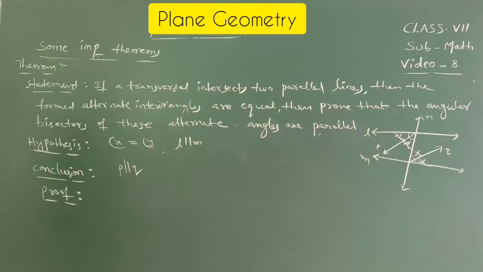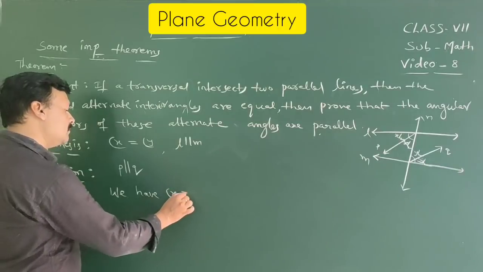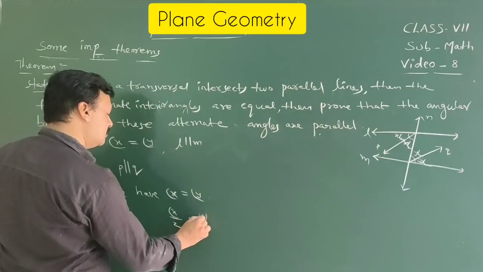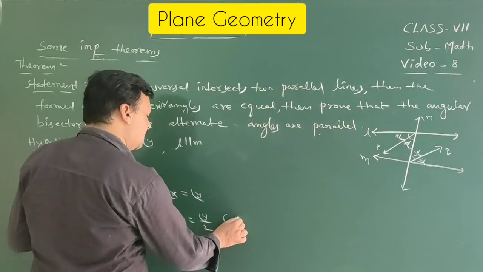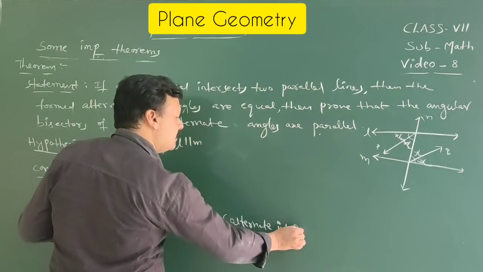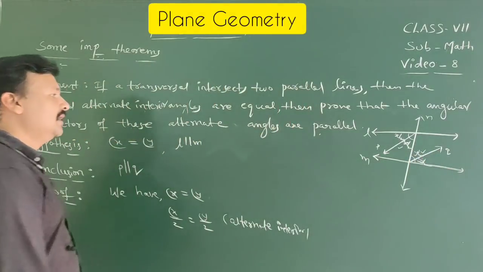Proof: we have angle X equal to angle Y. Dividing both sides by 2, X by 2 equals Y by 2. Here X by 2 and Y by 2 are both alternate interior angles.